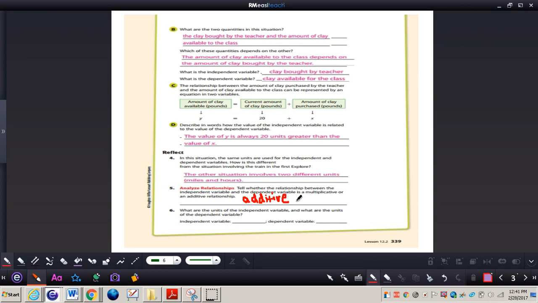So we know that, remember, the independent variable talked about clay bought by the teacher, dependent variable, clay available for the class, but the units that we're talking about would be pounds for the independent variable, clay bought by the teacher, which would be x, and then the dependent variable, amount of clay available, would be pounds as well. And let's write that down together.